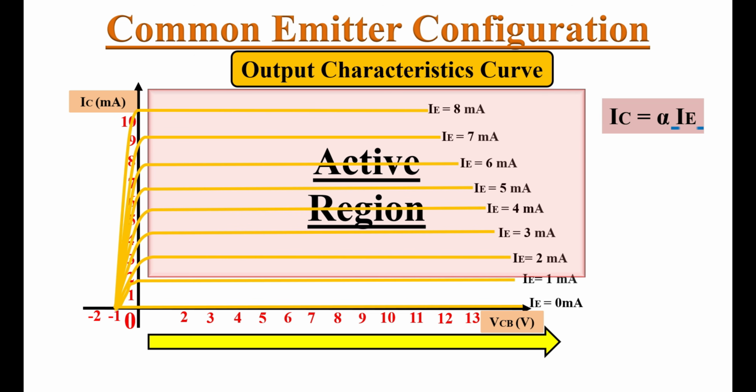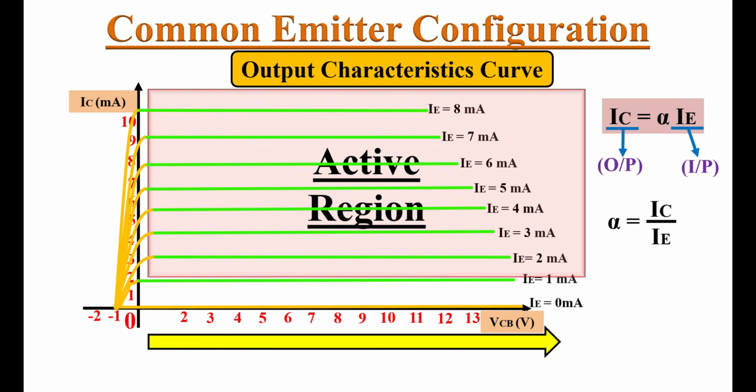The emitter current IE is the input current and the collector current IC is the output current. The ratio of collector current to emitter current is known as the current gain of the common base configuration of the BJT, denoted by alpha. Even if we increase the reverse bias voltage VCB, there is only a marginal increase in the collector current.